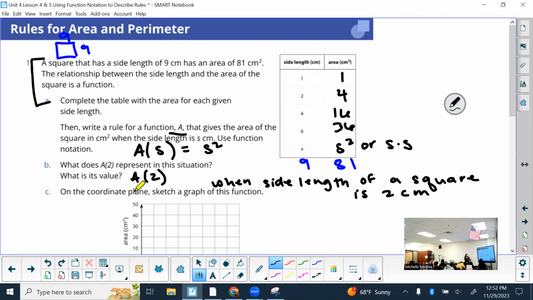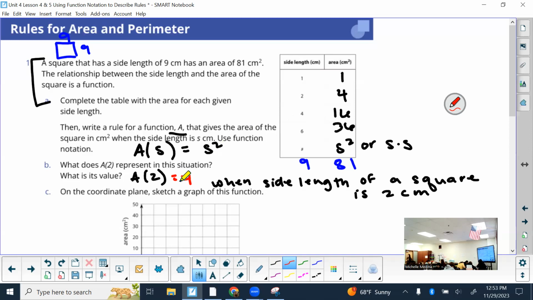All right, that's what A of 2 is representing. Do we know the value of A of 2? Yeah, it would be 4. So A of 2 equals 4. And now it reads: when the side length of the square is 2, the area is 4. Does that make sense?